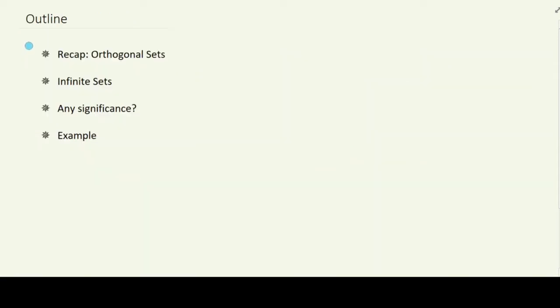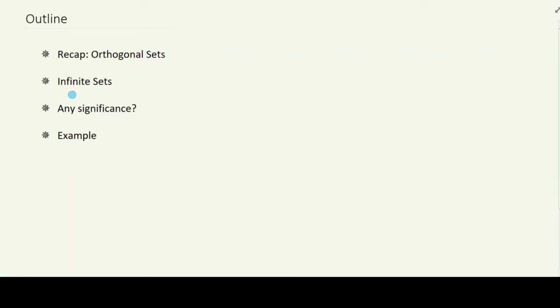So here is the structure for the rest of this video. I'm going to have a short recap on the concept of orthogonal sets, and then I'm going to define the concept of infinite sets, and then we're going to have an important discussion on the significance of this infinite set.